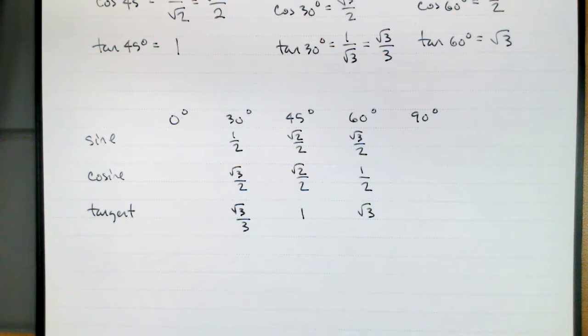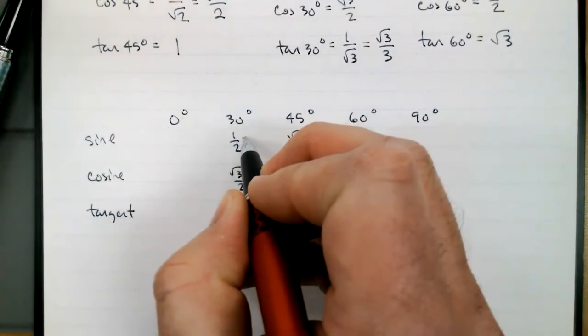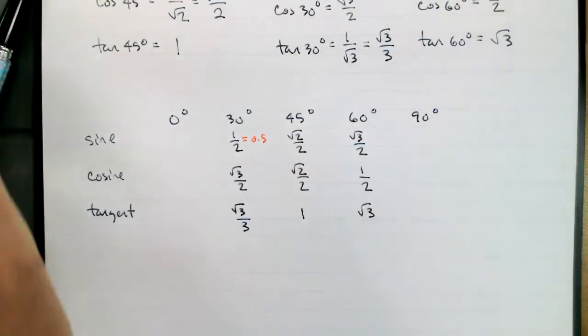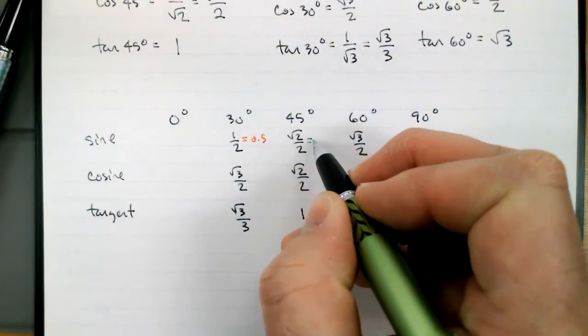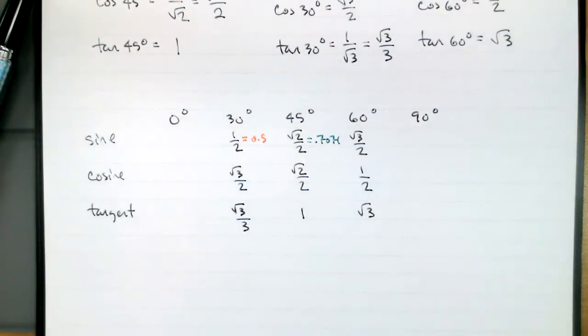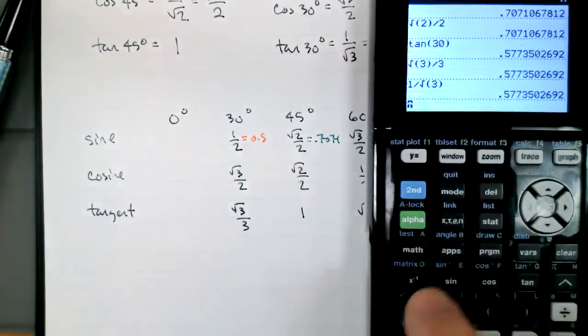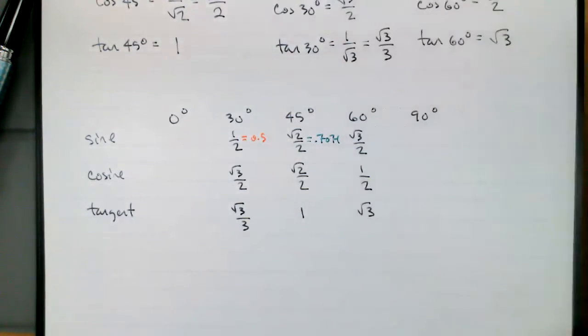One of the things that might help a little bit is to know the decimal approximations of each of these values. So 1/2, that one's easy. That's just a 0.5. √2/2 we saw earlier is 0.7071. √3/2 we hadn't calculated, but the square root of 3 divided by 2 is 0.8660.